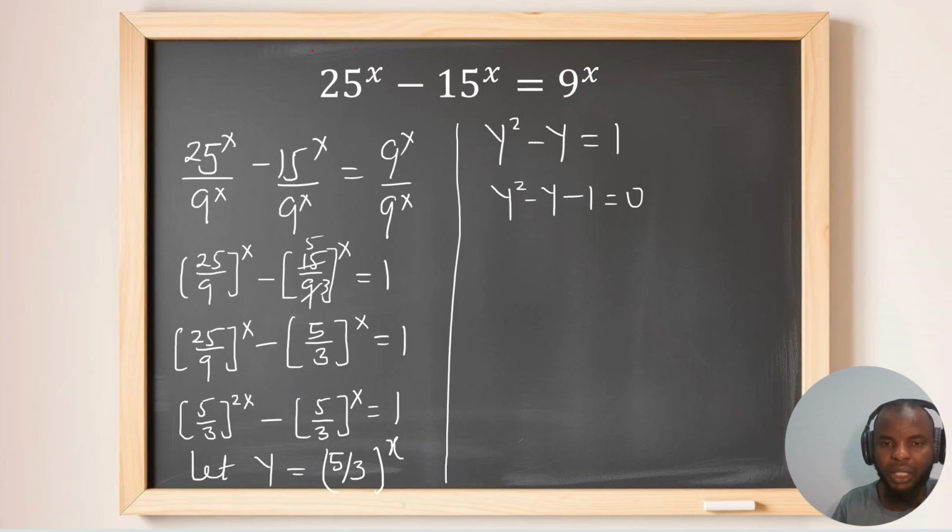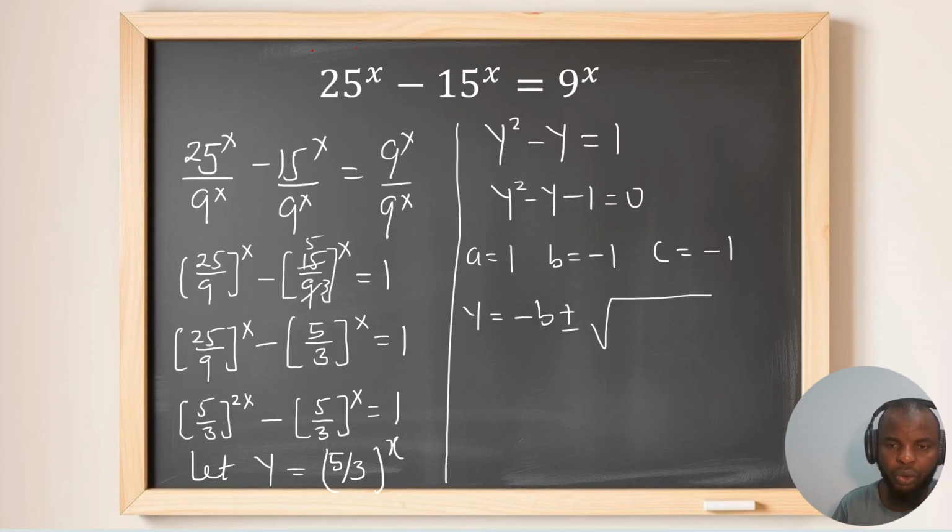By solving this, we can use the quadratic formula approach by saying that a, which is the coefficient of y squared, equals 1, b, which is the coefficient of variable y, equals -1, and c, which is the constant term, also equals -1. Using the quadratic formula, we have y equals minus b plus or minus root b squared minus 4ac, everything over 2a.